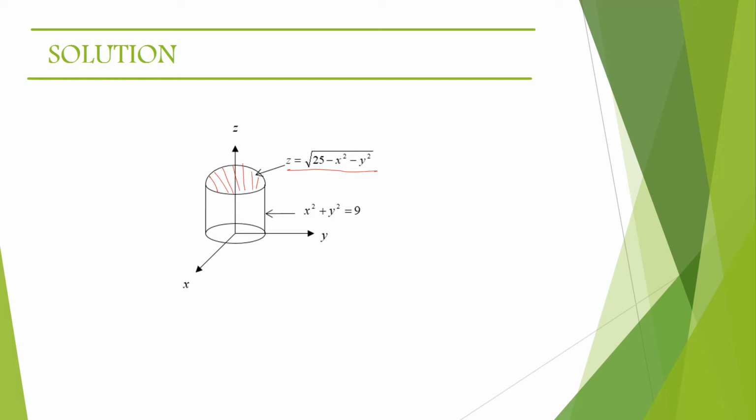How do we get this? z squared equals 25 minus x squared minus y squared, so x squared plus y squared plus z squared equals 5 squared. This is the equation of a sphere with radius 5.